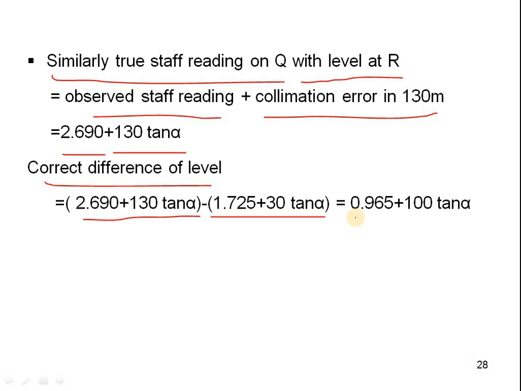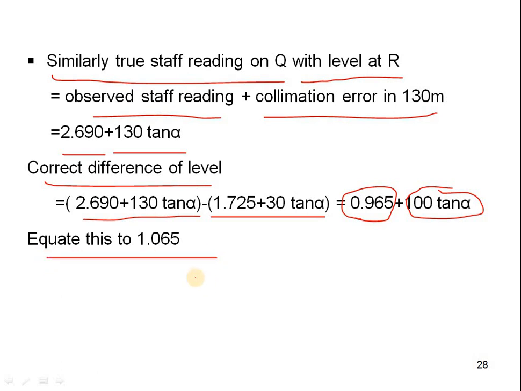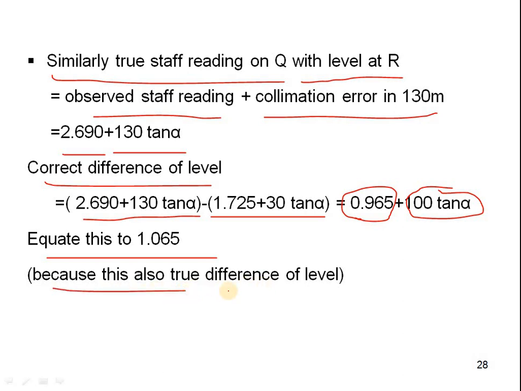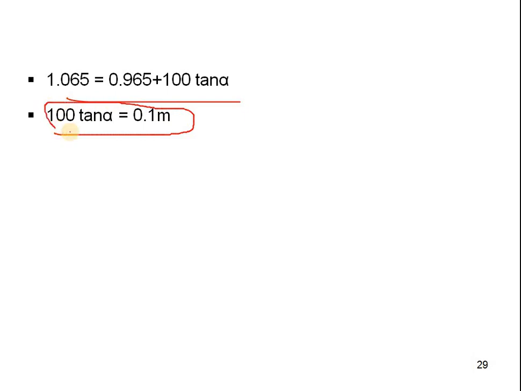This you will get as 0.965 plus 100 tan alpha. So this is the correct difference of level. It is equal to 1.065, because this is also the true difference of level. So 1.065 equals 0.965 plus 100 tan alpha, therefore 100 tan alpha is equal to 0.1 meter.